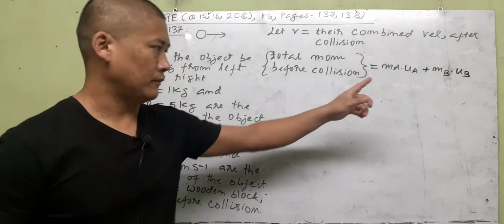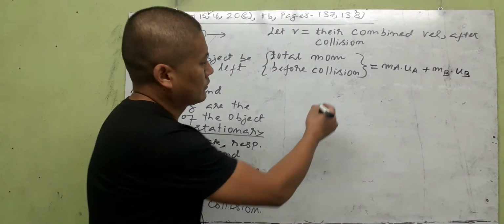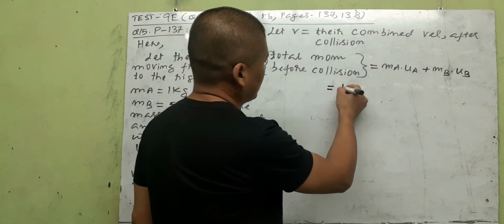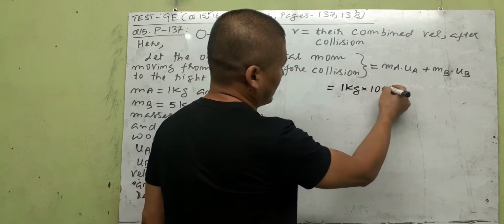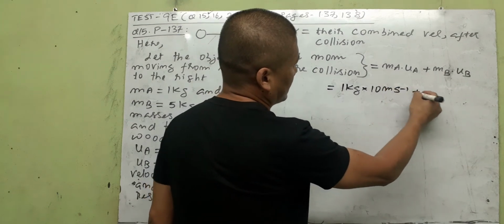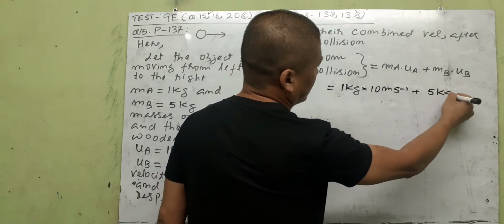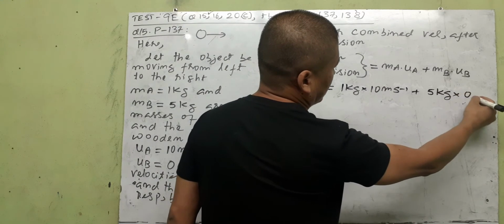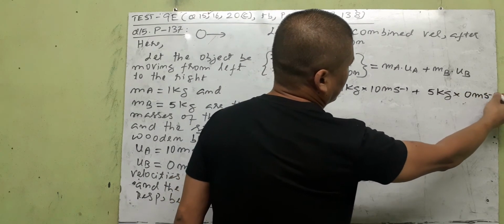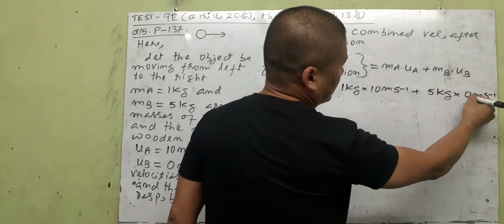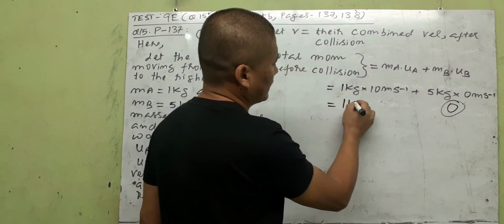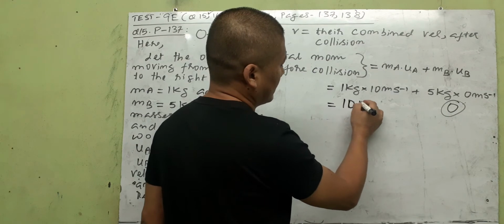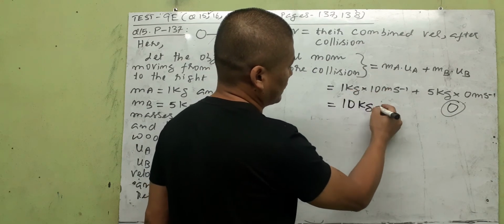Final is V, initial is U, right? So we have here the mass of the first object is 1 kg into UA is 10 meters per second, plus MB is 5 kg, the wooden object, into its velocity, 0 meters per second. Because this is 0, it will multiply and everything will become 0. So we are left with only 1 into 10, which is 10 kg meters per second.